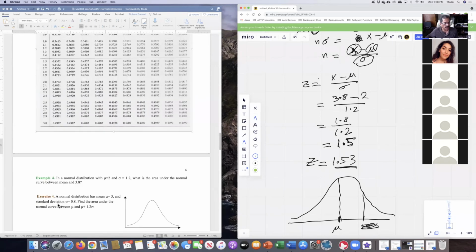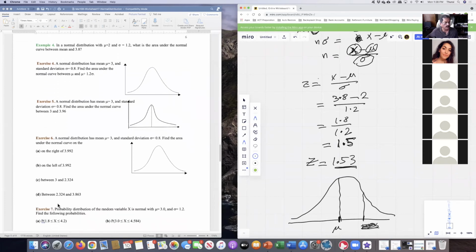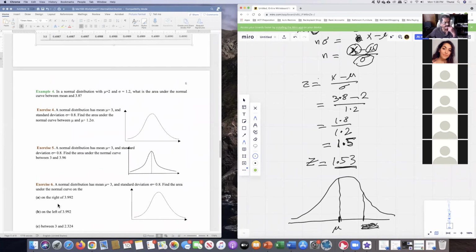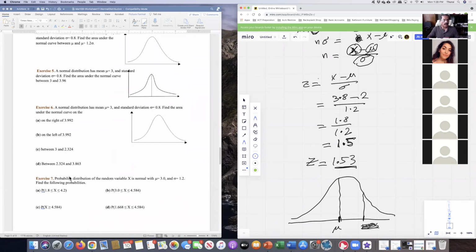Okay, so let's go to exercise 6. In a normal distribution, mu equal to 3, standard deviation 0.8. Find the area under the curve on the right of 3.992.